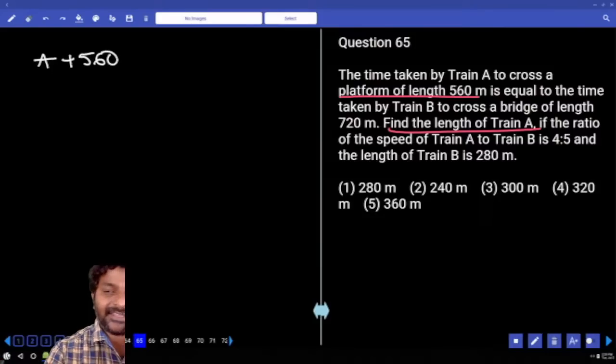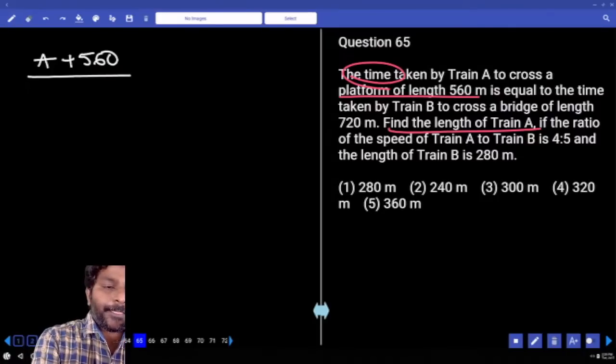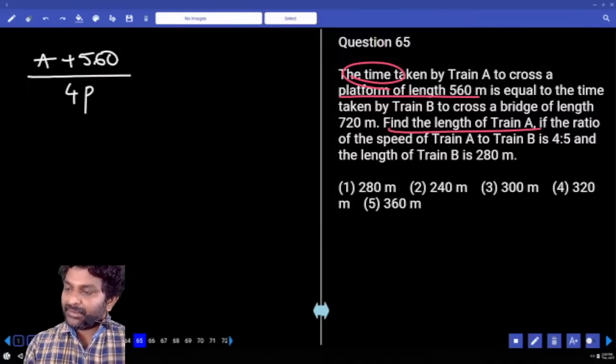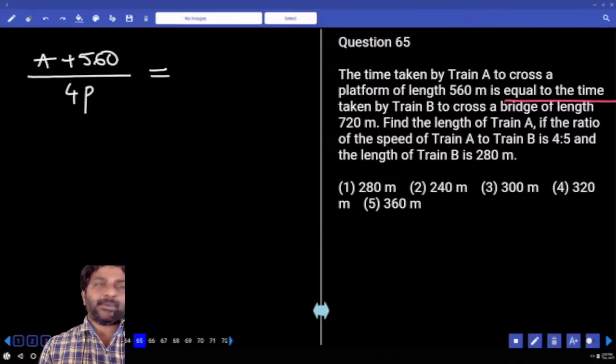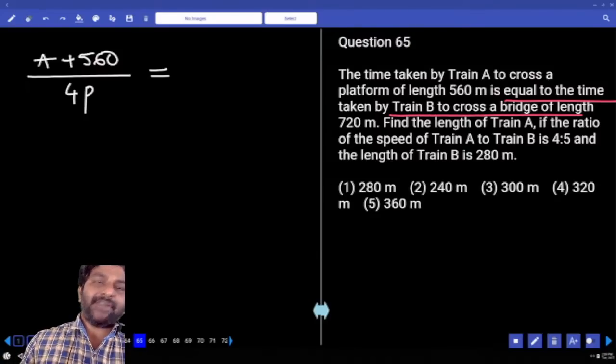560. And here they are talking about time, right? Divided by speed of A. What is speed of A? 4 parts. Are you getting it? And now it is equal to, time is equal to the time taken by B to cross a bridge of length 720. Train B length is 280.